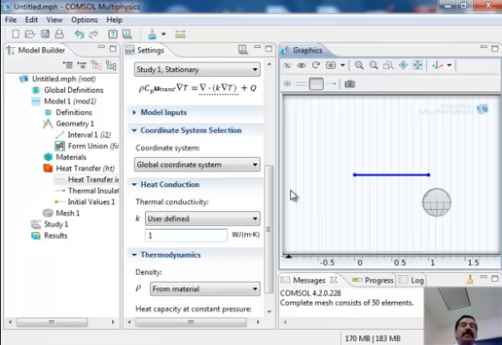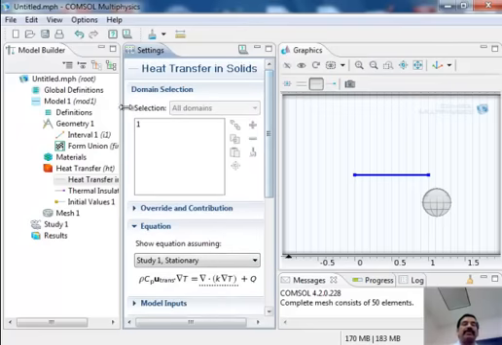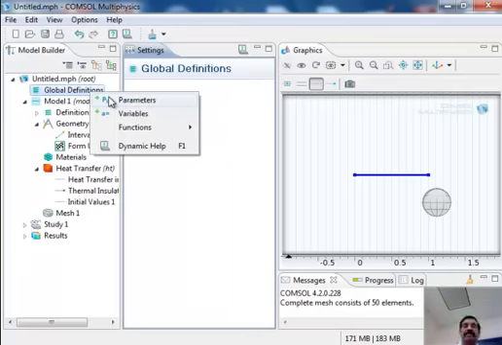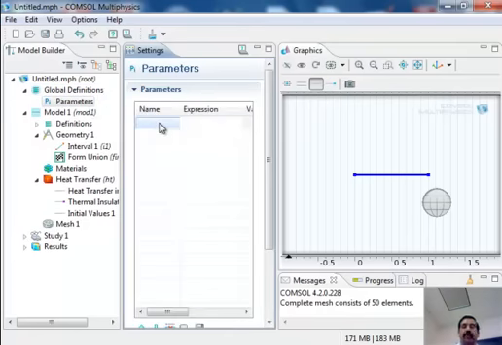So another thing, in order to define all the parameters in your problem, there is this global definition. So if you click that, parameters, right click that, parameters. So it gives you a table where you can define your variables. For example, HH, and its value is 1. And then you go K, and we said its value is 1.